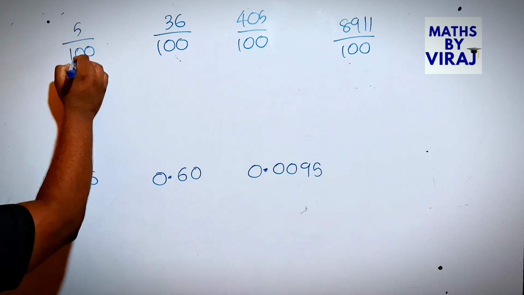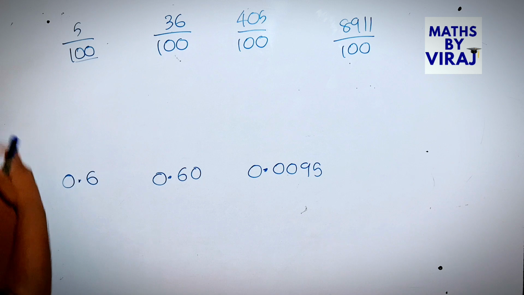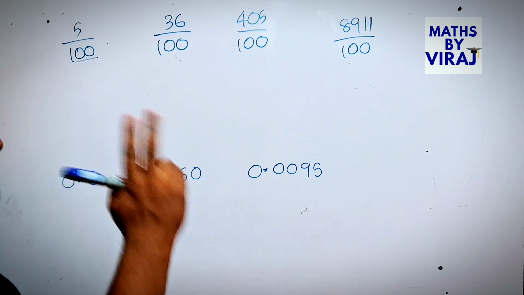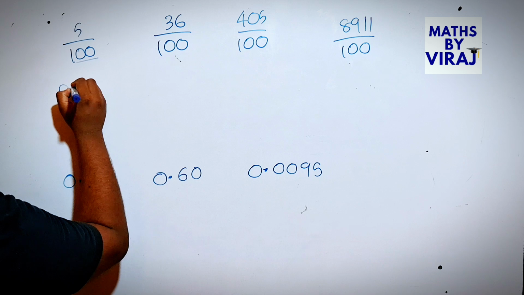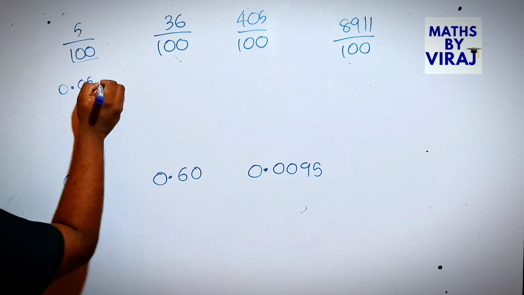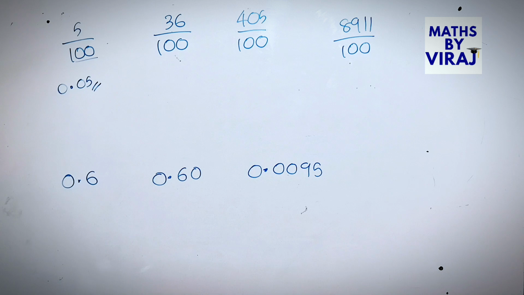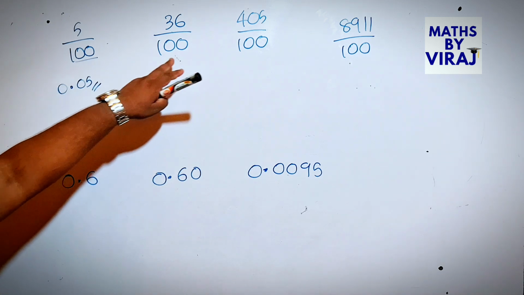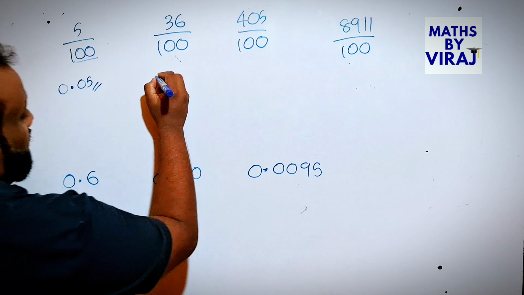How many zeros do I have? I have 2 zeros. Therefore, how many decimal places should I have? I should have 2 decimal places. We know it is then 0.05. How many zeros do I have? 100. 1 and 2 zeros. How many decimal places should I have? 2.